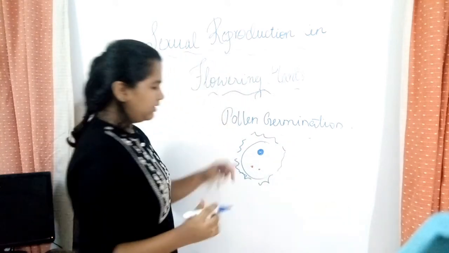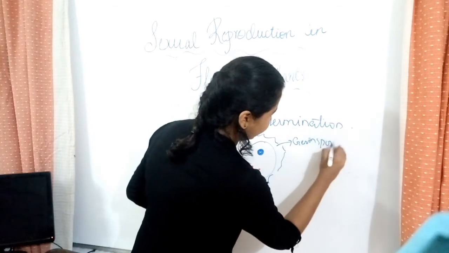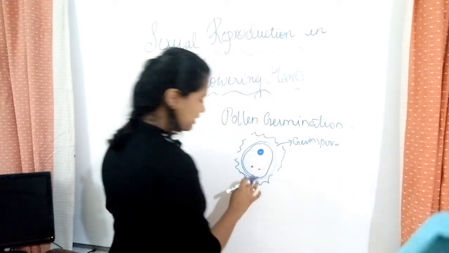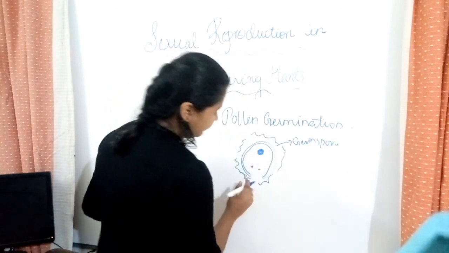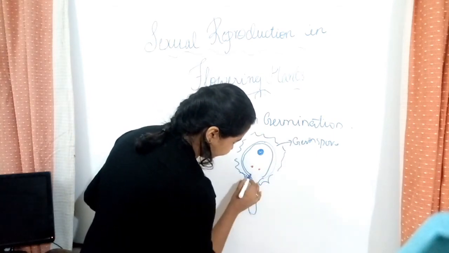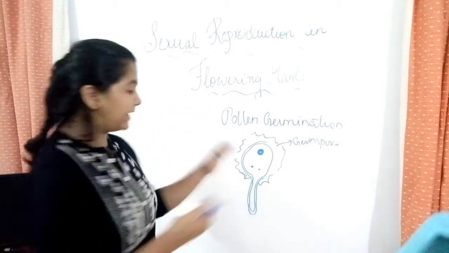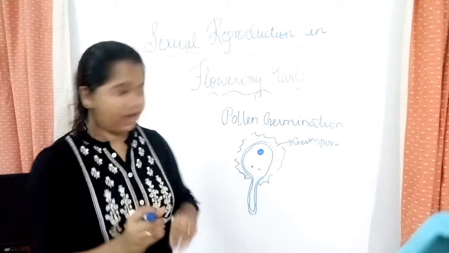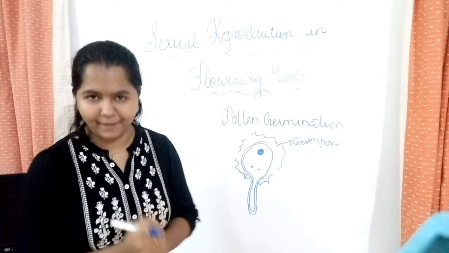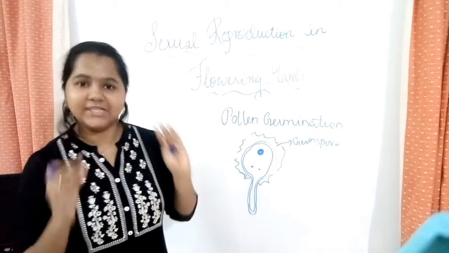If this is the germ pore, the intine and the cell membrane would extend at the time of germination. And what would happen? It will penetrate through the stigma, and this germination of the pollen grains would happen only if they are compatible. If the pollen grain and the stigma are not compatible, there won't be germination.